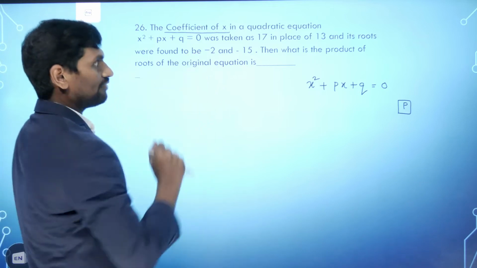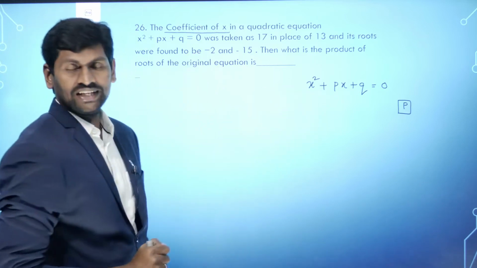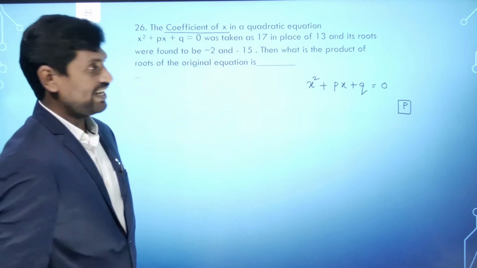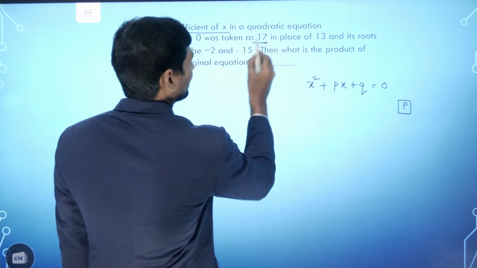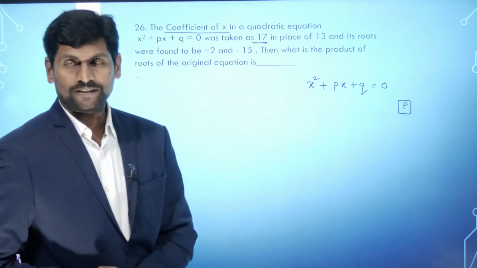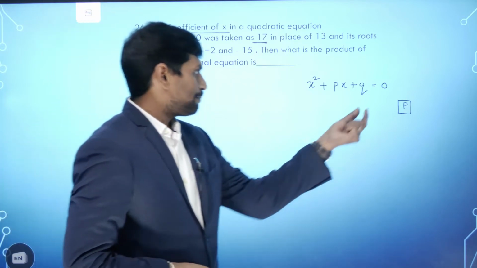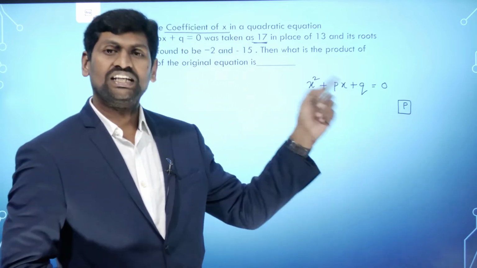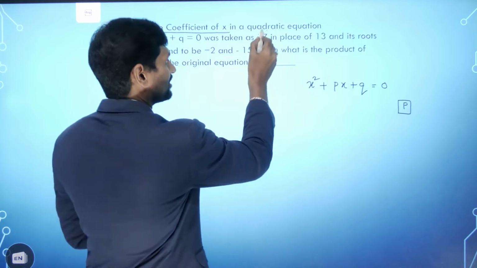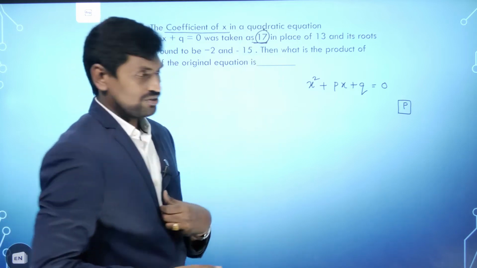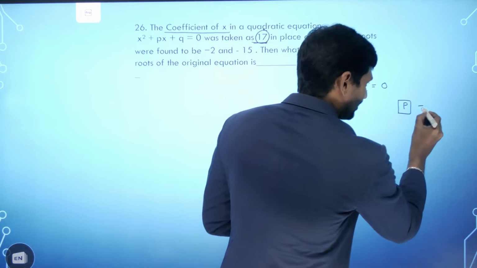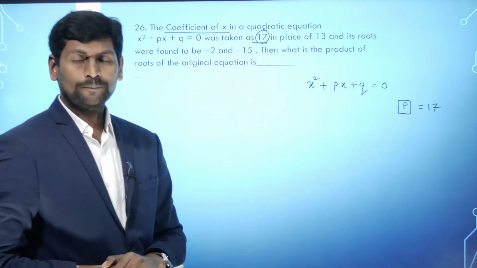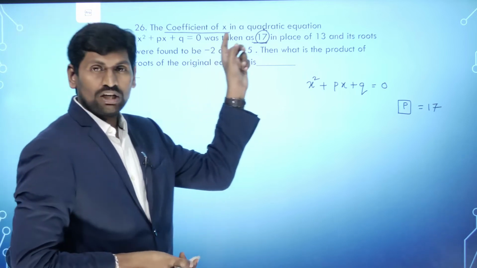The coefficient of x in this quadratic equation, x square plus px plus q equals 0, was taken as 17 in the place of 13. That means the p value we have to take as 13, but by mistake it has been taken as 17.